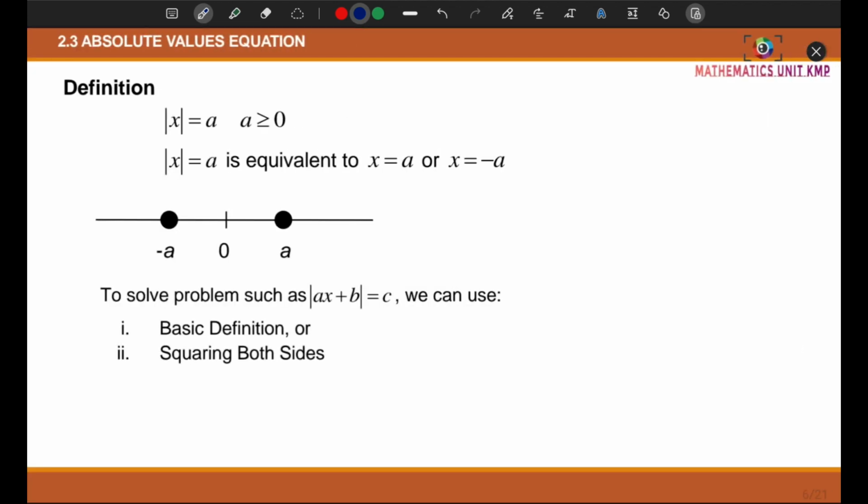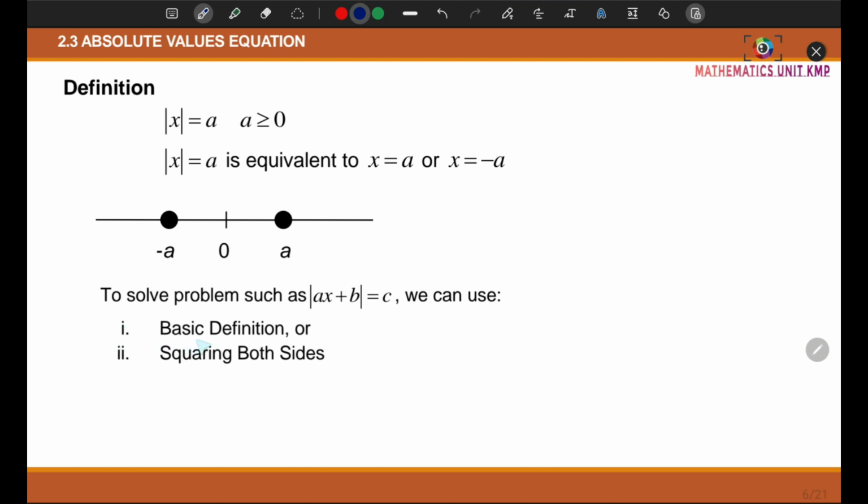Next definition. Absolute value of x is equal to A, where A is greater than or equal to 0. And absolute value of x equal to A is equivalent to x equal to A or x equal to -A. To solve problems such as absolute value of ax plus b equal to c, we can use two methods.